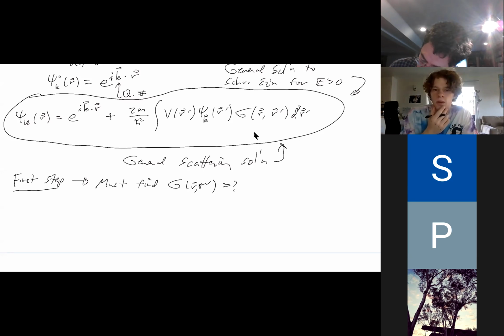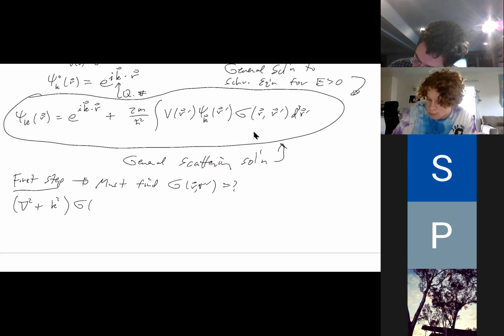Okay, so let's solve it. The Green's function is the solution of this equation: the differential operator del squared plus k squared acting on the Green's function is equal to a delta function. So we've got to solve that.